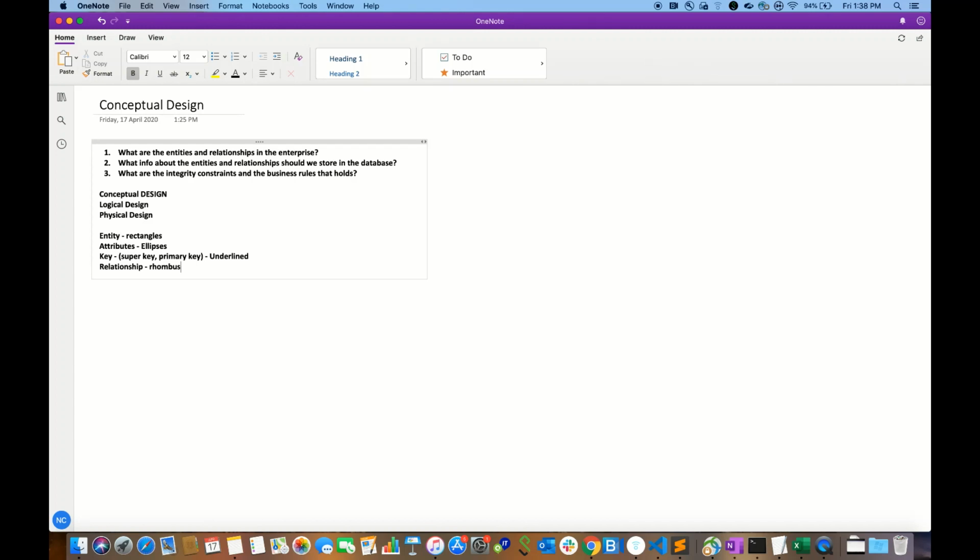Another concept is that of cardinality. So cardinality specifies how many instances of an entity relate to one instance of another entity. Let me repeat this for you again. Cardinality specifies how many instances of an entity relate to one instance of another entity.